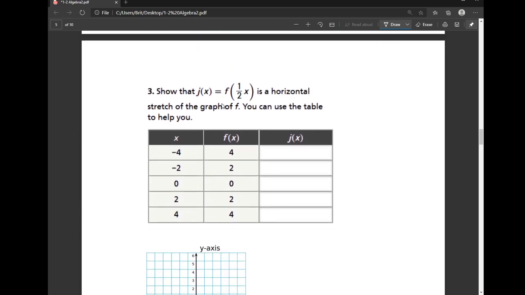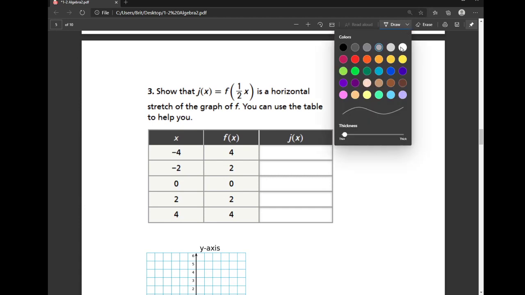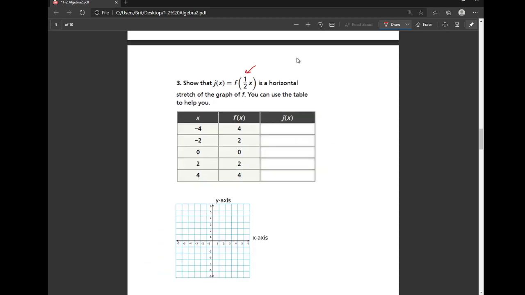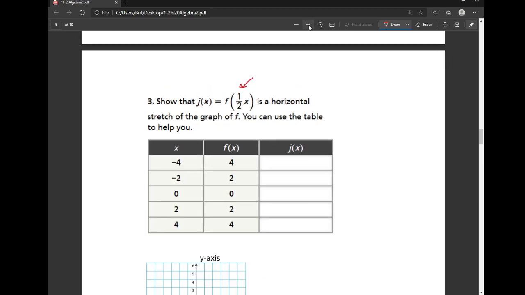Okay, so here we are. We are doing another horizontal change because the 1/2 is inside the grouping symbol. Oh, we're zooming out. Let's go back. So if I were to plug in that 1/2 x into my f of x function, I'd get that j of x is equal to the absolute value of 1/2 x.